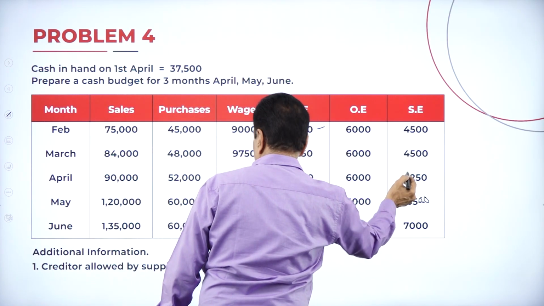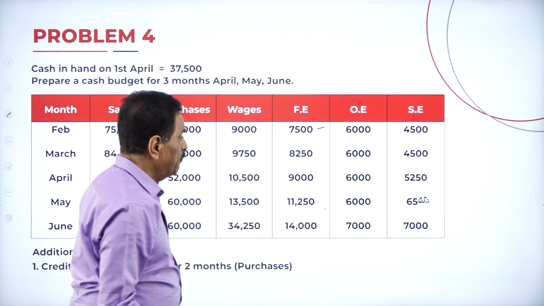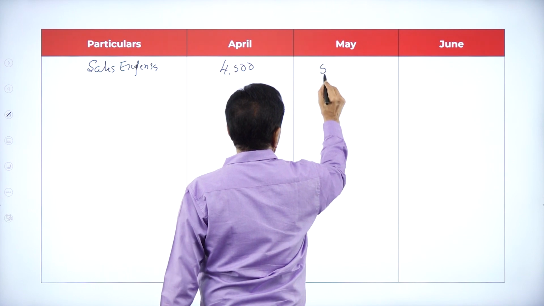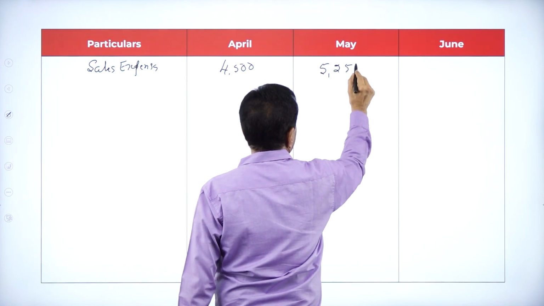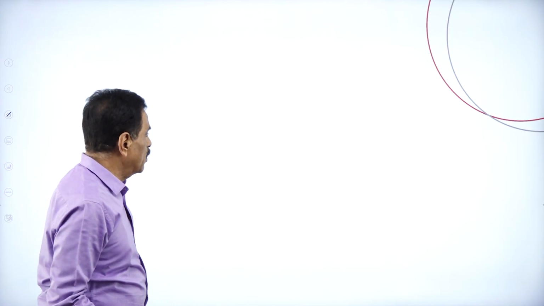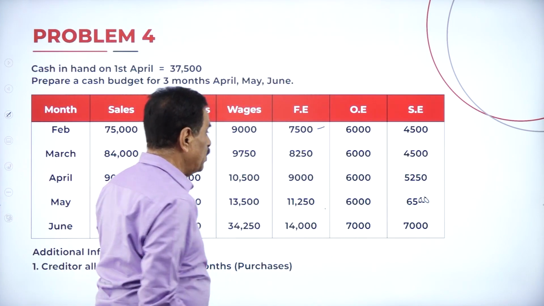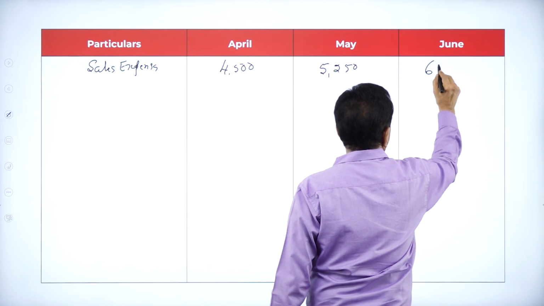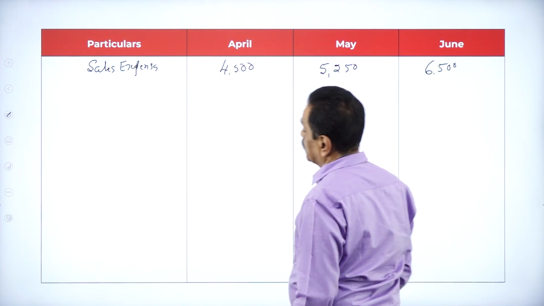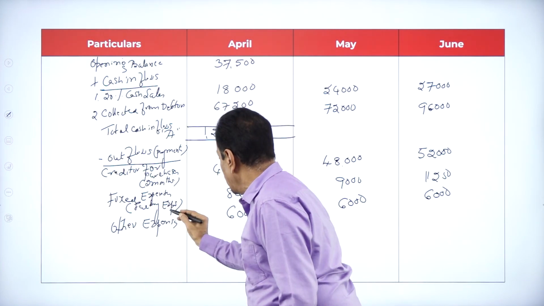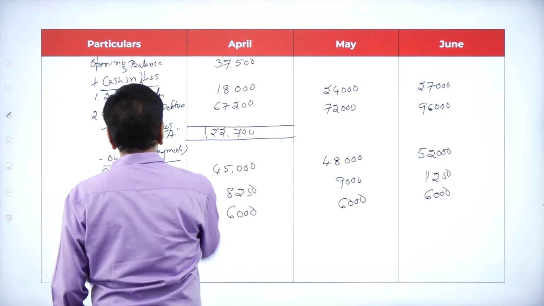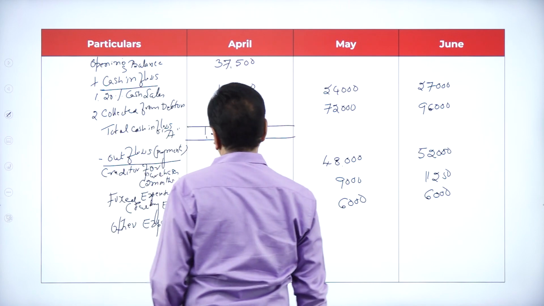March in April, April in May, 5,250. Then May in June, May 6,500 in June. What are the expenses you have taken? Factory expenses, fixed expenses, 1 month gap, other expense 1 month gap, sales expenses 1 month gap is over.